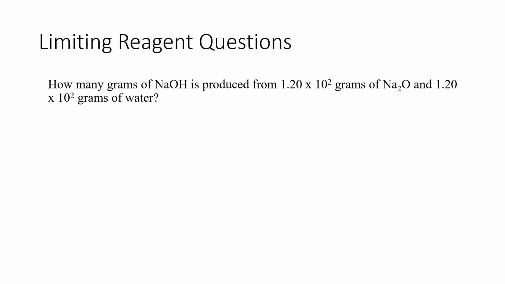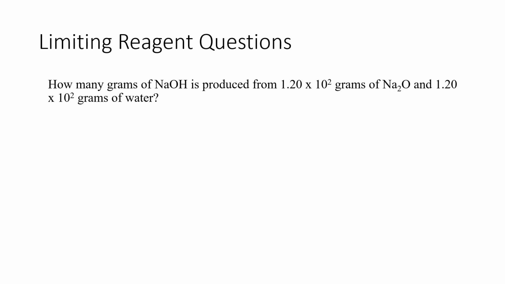Okay, here's our first practice question. How many grams of sodium hydroxide is produced from 120 grams of sodium oxide and 120 grams of water? Now, before I do anything, you want to double check whether this is a limiting reagent question. So this is a limiting reagent question because more than one reagent value is given to me, right?